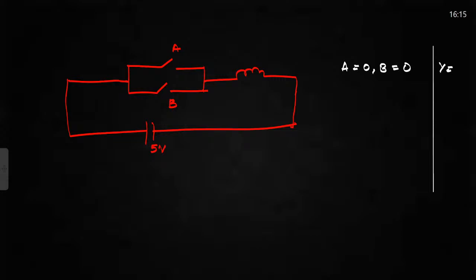Then here it will not pass through either of the switches, so my output will be 0. Then if I am saying A is equal to 0, B is equal to 1, I am closing this one. So the current will pass through this one, so my output will be high.